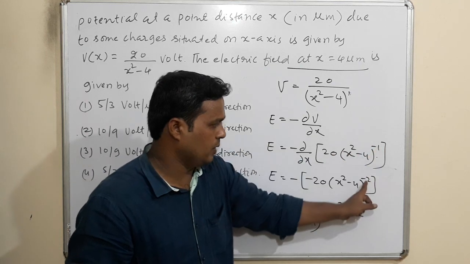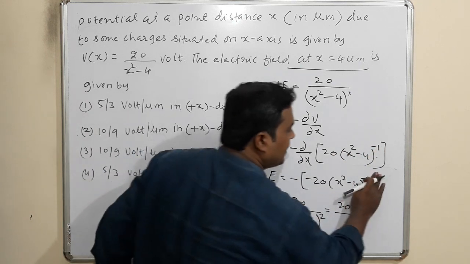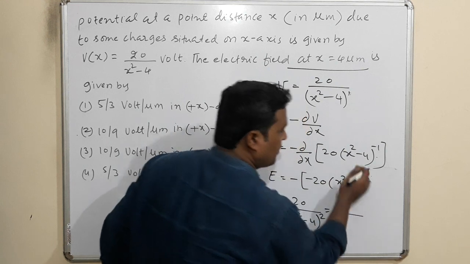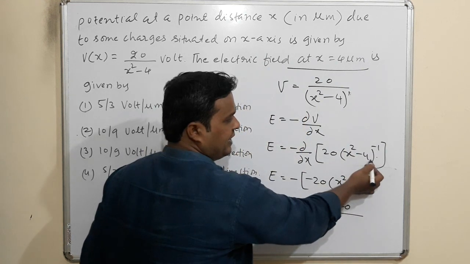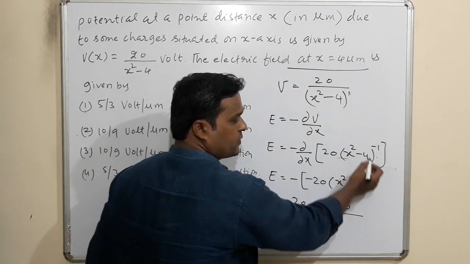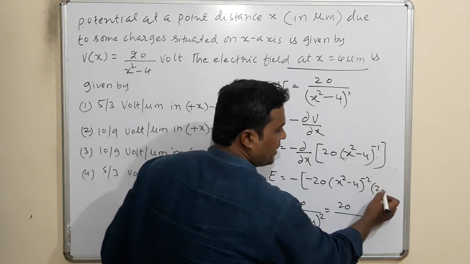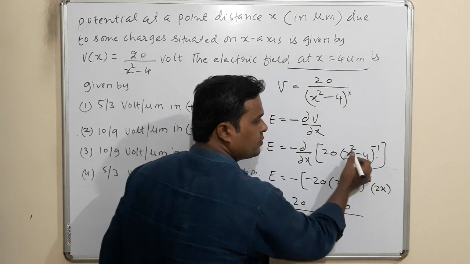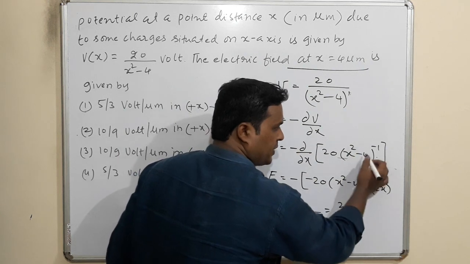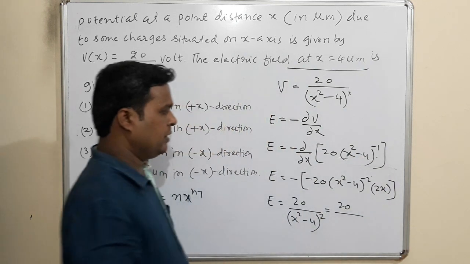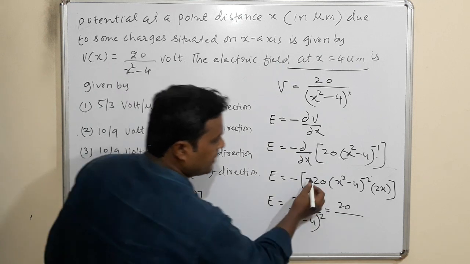Minus 1 it will be minus 2. Again, differentiation of the term which is inside the bracket. Inside the bracket it is x square minus 4. Differentiation of x square is 2x, and minus 4 is 0. Differentiation of a constant is 0. Then it will be actually minus 40x.